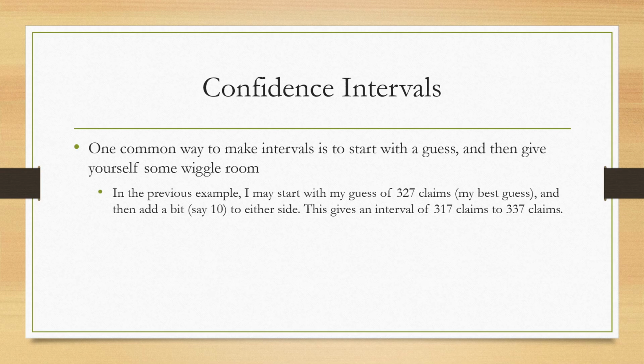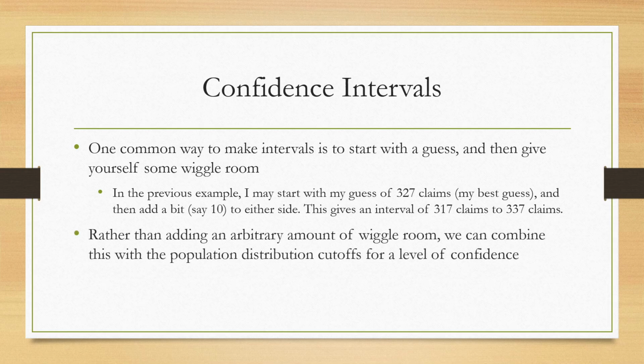And then I'll add a little bit, say 10, to either side. So I start with my best guess, give myself a little wiggle room so that I can be more accurate. If I did this process with this example, I would get an interval of 317 claims to 337 claims by, again, starting with my best guess and then adding a bit of wiggle room to either side.